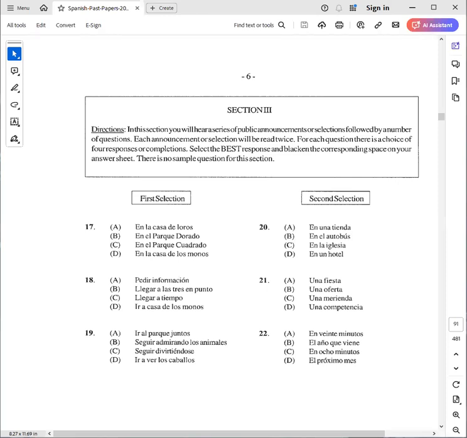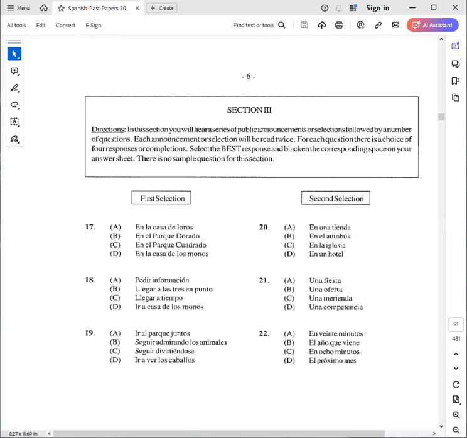Atención, atención, se informa a todos los clientes que dentro de 20 minutos empieza la gran oferta del año. Todos los productos, incluso los que ustedes tienen en los cochecitos, ahora estarán a mitad de precio. Atención, atención. Se informa a todos los clientes que dentro de 20 minutos empieza la gran oferta del año.